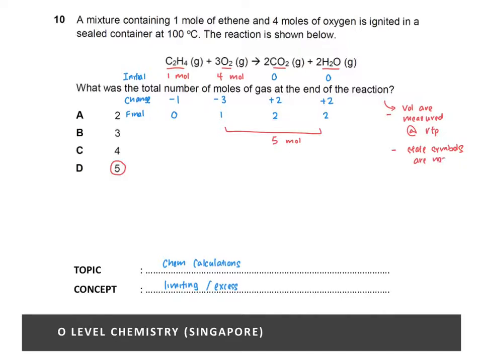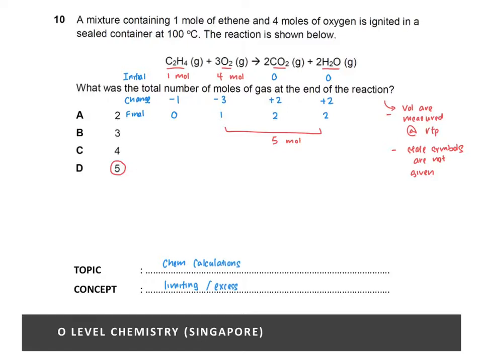Now in such a question, the setter wants you to recognize that at room temperature and pressure, water is no longer a gas. So if the state symbols are not given and the question mentions that the volumes are measured at room temperature and pressure, you should not account for the volume of water vapor because it is no longer a gas.